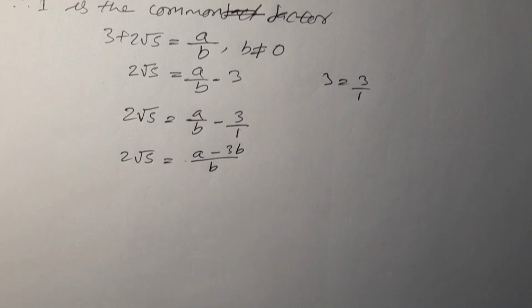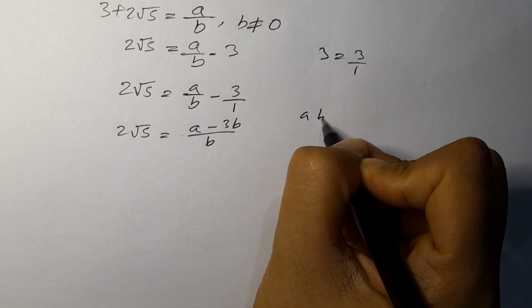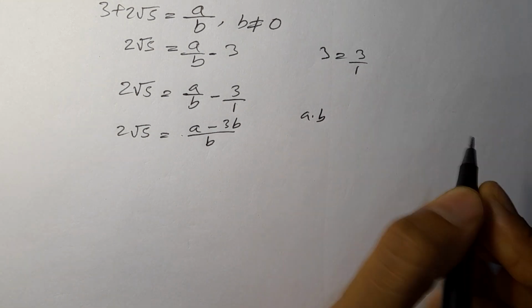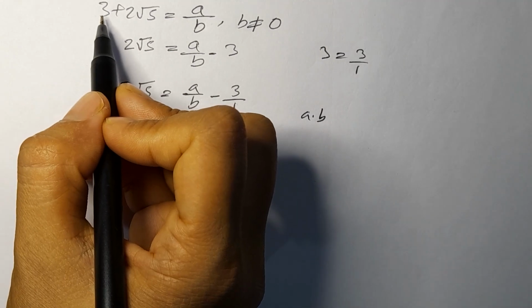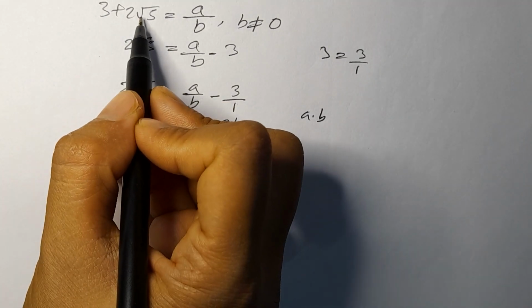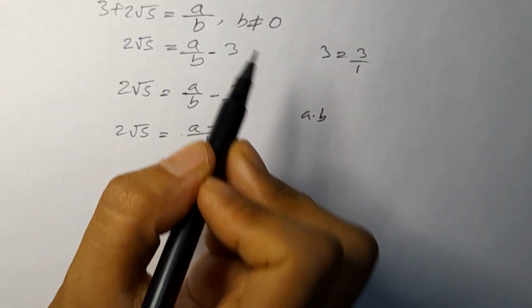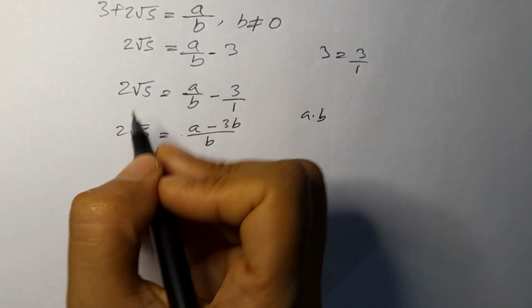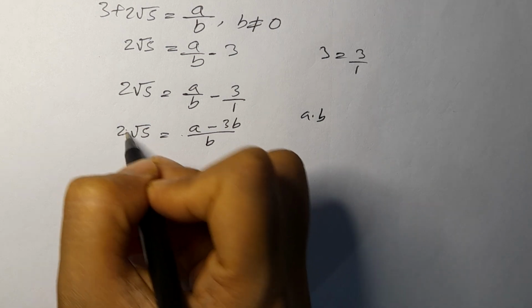Now be careful: whose sign are we going to check? If you have a single number, like the 3, you check the front. But if you have two numbers, like here, you check the middle, not the front. See 2 root 5: what is there in the middle? Nothing.